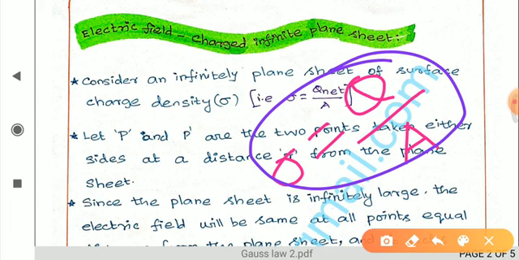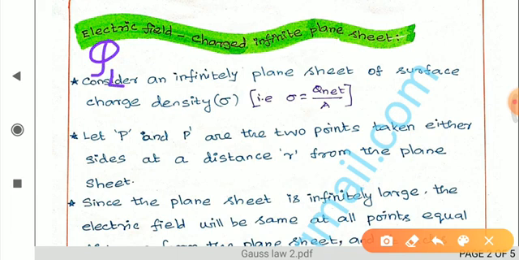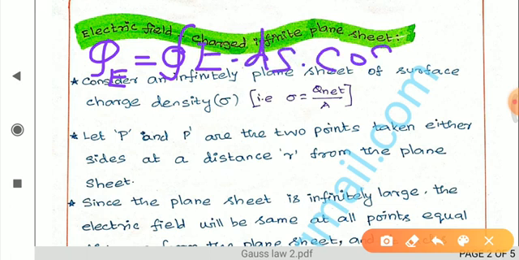Because in the beginning of the video I told clearly there are three formulas we have to remember. What are the three formulas? One is electric flux. Electric flux phi E is equal to the closed integral of E dot ds cos theta. In this formula, what are the things we have to calculate?